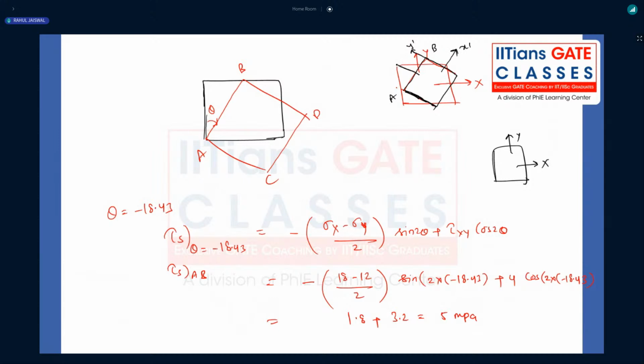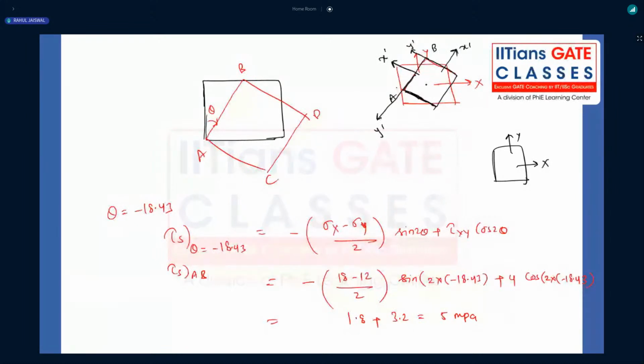Similarly, what about this one? This will be what? Tell me guys. This will be X dash. Can you say this will be Y dash? Tell me, for a plane AB. Yes or no? All of you are understanding what I'm saying?